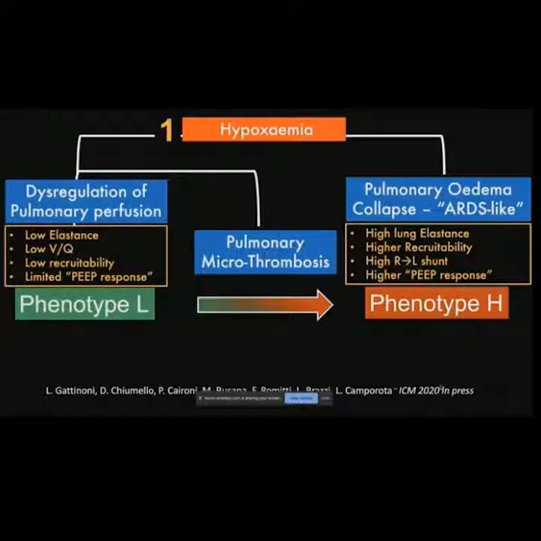So patients with high lung elastance have low compliance. They have higher recruitability. They have higher right to left shunt, and they also have higher PEEP response. That's phenotype H. And it could exist in a spectrum. Patients might present initially with phenotype L, and then they develop phenotype H during the course of their disease.